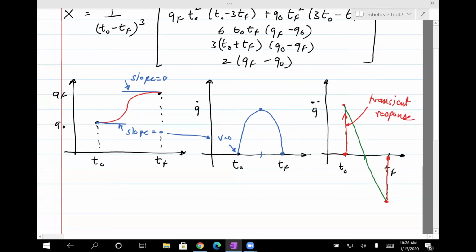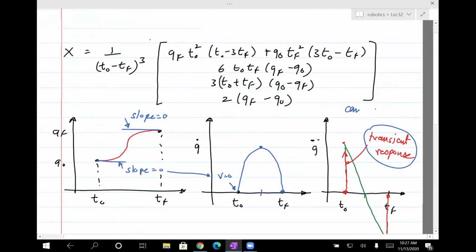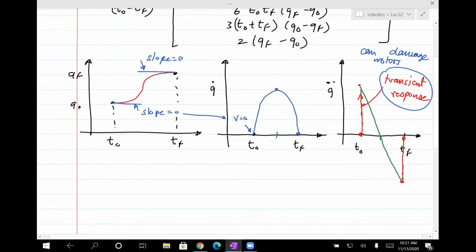If you have a transient response like this, where you're suddenly accelerating or suddenly braking, that can damage your motors. So clearly this is not desirable.